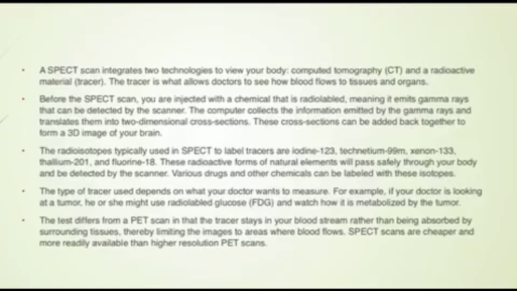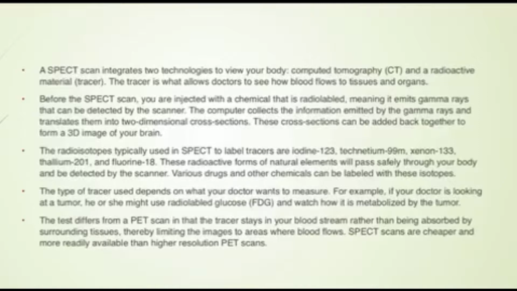The computer collects the information emitted by the gamma rays and translates it into two-dimensional cross-sections. These cross-sections can be added back together to form a 3D image of your brain.